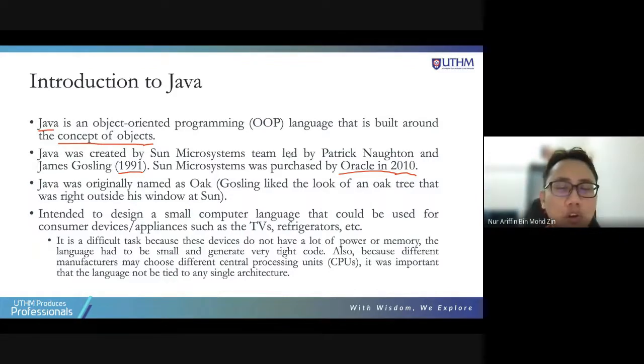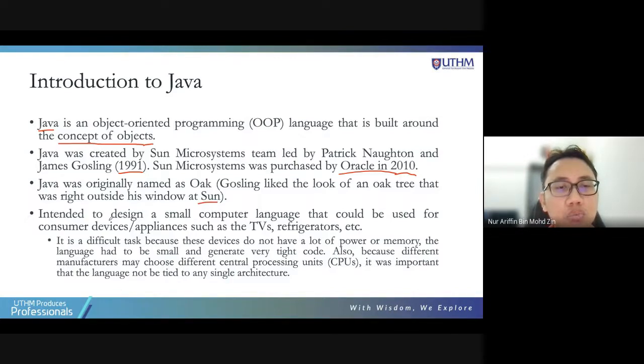Okay, MariaDB or MySQL. Java was originally named Oak. Before it was named Java, it was named Oak, because the founder, James Gosling, really liked the look of an oak tree that was outside of his office window at Sun Microsystems.